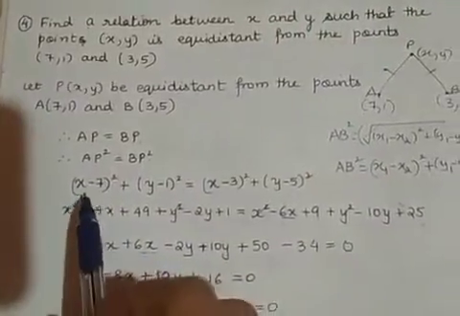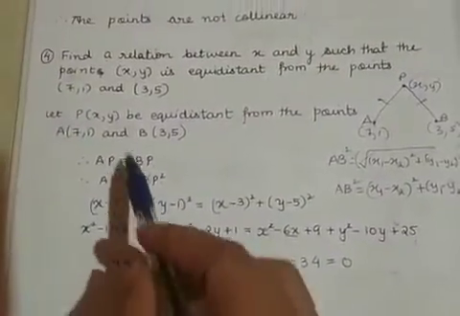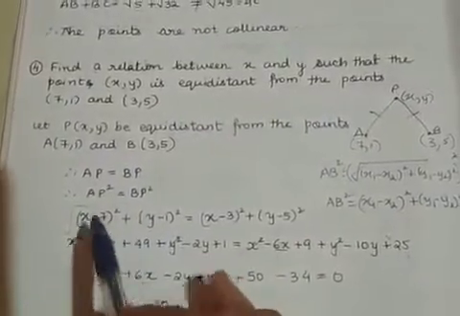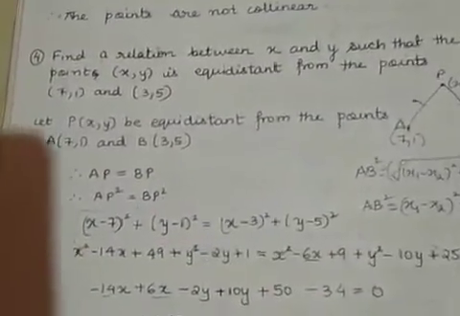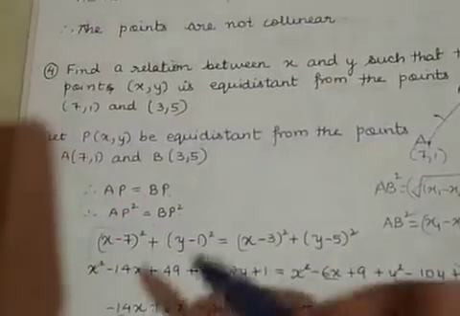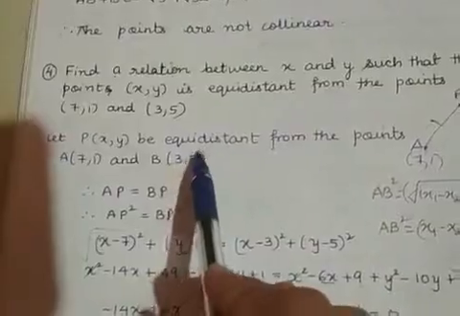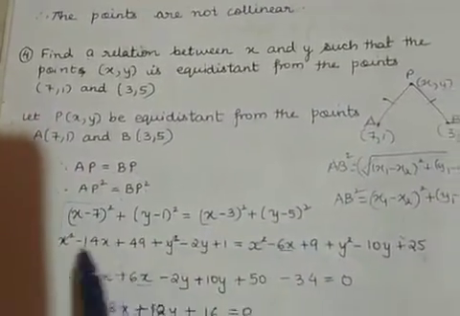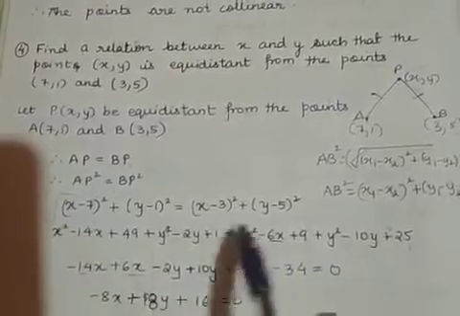So you get (x minus 7) the whole square, plus (y minus 1) the whole square equals (x minus 3) the whole square plus (y minus 5) the whole square. So on opening the brackets, you get this and some terms will get cancelled.